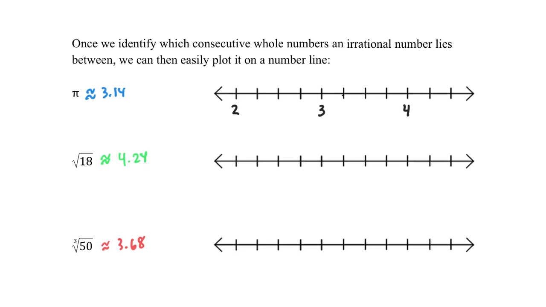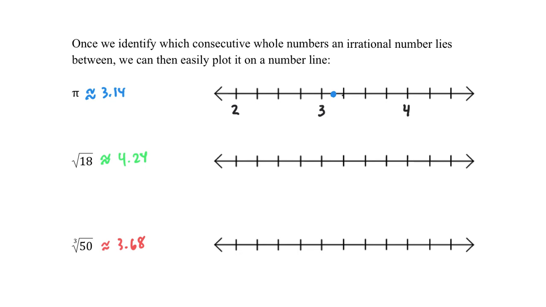That means this is going to be 2.25, 2.5, 2.75, 3, 3.25, 3.5. This would be an acceptable way of creating a number line. Where would 3.14 fall? Somewhere between 3 and 3.25, so right about here.